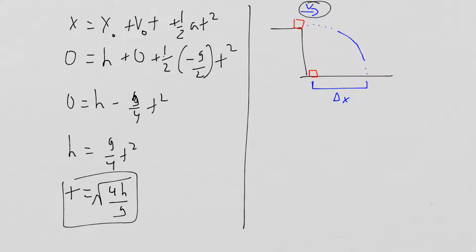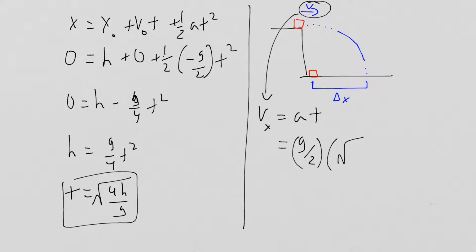That's parts A and B. So v, let's just call it Vx, right? This velocity Vx that it leaves the table with is the acceleration times the time. The acceleration is g over 2. The time is going to be the square root of 4h over g.